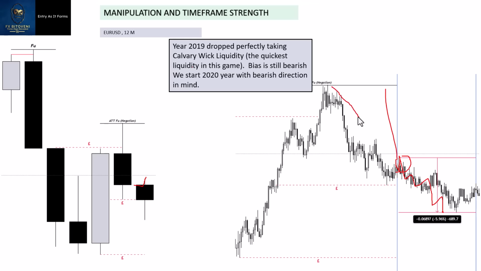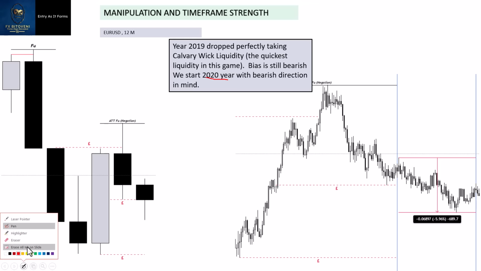Because you may draw a trend line here and you see a trend line was broken and you start thinking that you are going higher, or you see a retro break of structure, maybe on the right time from somewhere here, and you start buying here, thinking you are going higher, but it's a small pullback to go down because you already have a direction in your mind. Now, since there is no manipulation here, we start another year with bearish direction, which is 2020, right? We will do this until today, right?